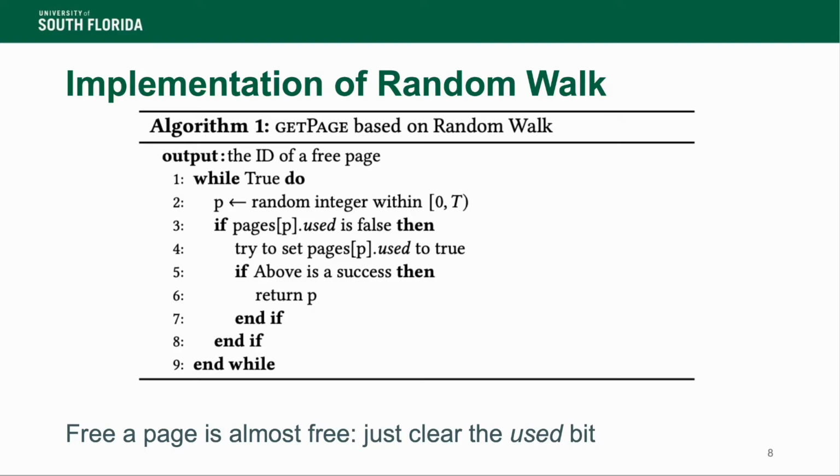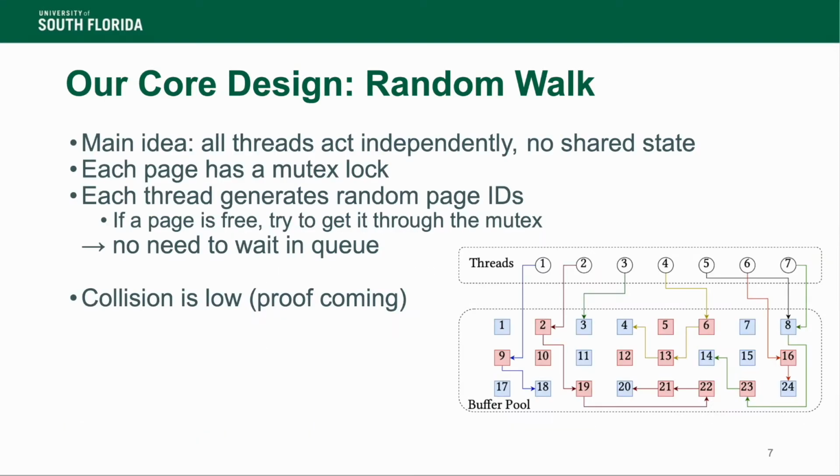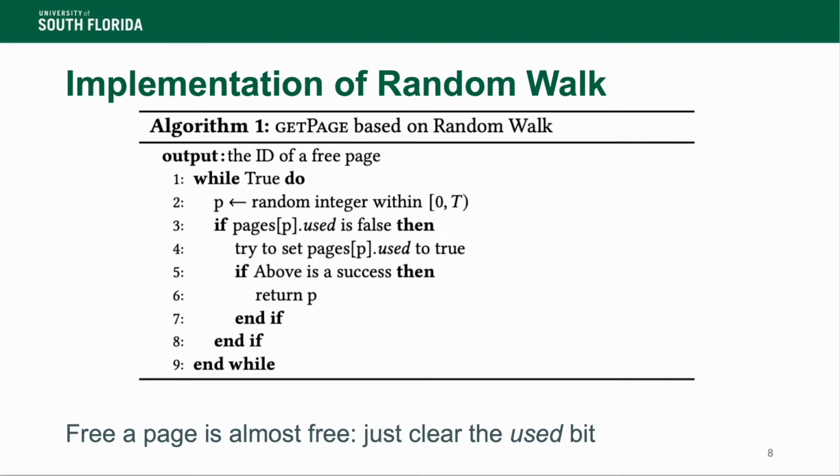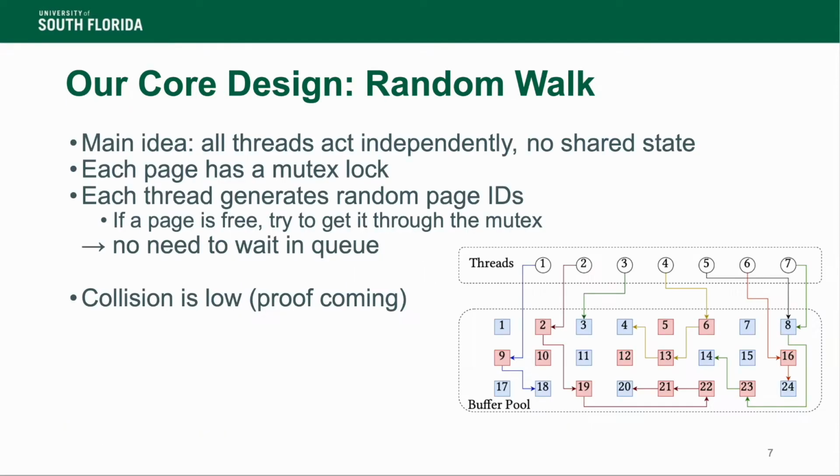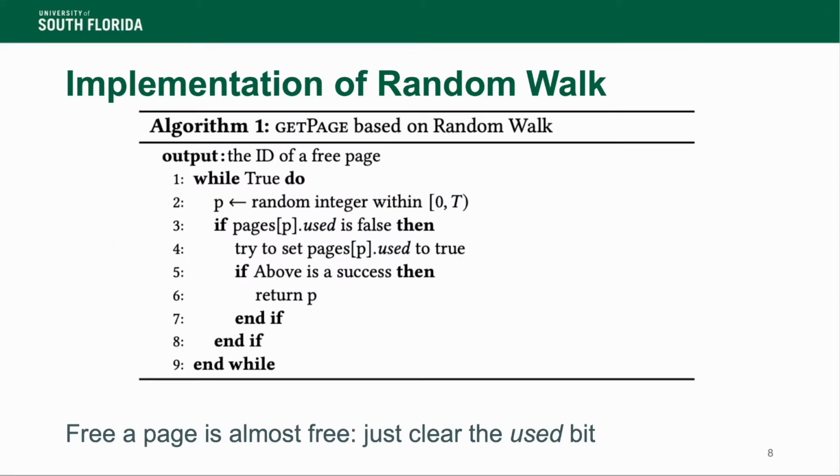For example, in the previous figure, thread 5 and thread 7 both request page 8 at the same time. However, the atomic operation will only grant access to one thread, which in this case is thread number 5. The other thread will have to continue its random walk. This scenario is the only situation in which two threads can conflict in accessing protected data.